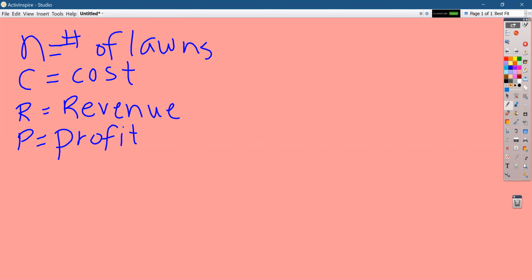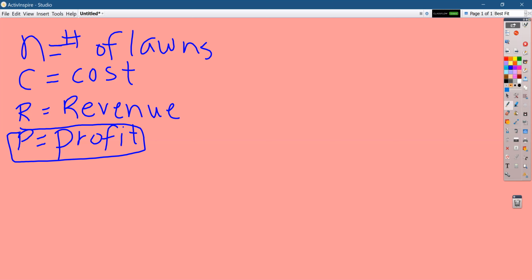He pays for his mower, he pays for his gas, all his bills are paid. Profit is how much money Alex gets to walk away with for his lawn mowing service. So I want to make sure that you understand those 4 variables. So the big question is, how do we get to here? Everybody wants to know, how do we make profit?